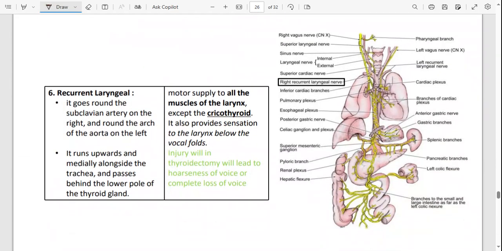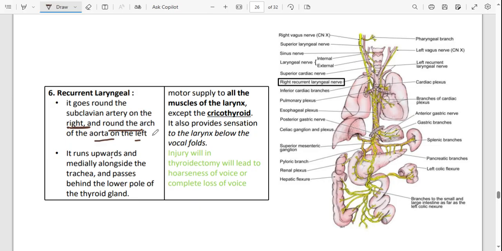We also have what we call the recurrent laryngeal nerve. Recurrent laryngeal nerve goes around the subclavian artery on the right. We've been talking about this in anatomy last year, and it will go around the arch of the aorta on the left. It runs upwards and medially.